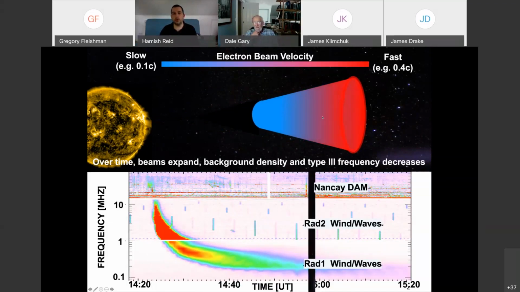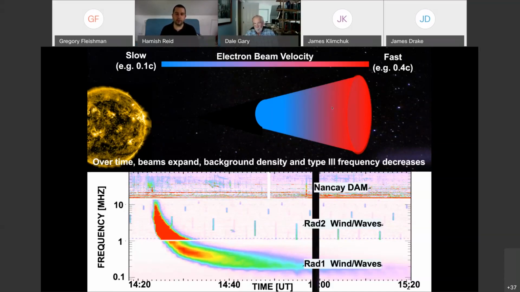Yeah. So almost certainly, the beam is expanding as the magnetic field expands. So the cross section of the magnetic flux rope that the electron beam is propagating along is getting larger and larger as the electrons are traveling out from the sun. And so not only is the beam expanding in cross section, it's also highly likely that you're getting some kind of cross-field diffusion or something like that that's allowing the electrons to expand even farther.